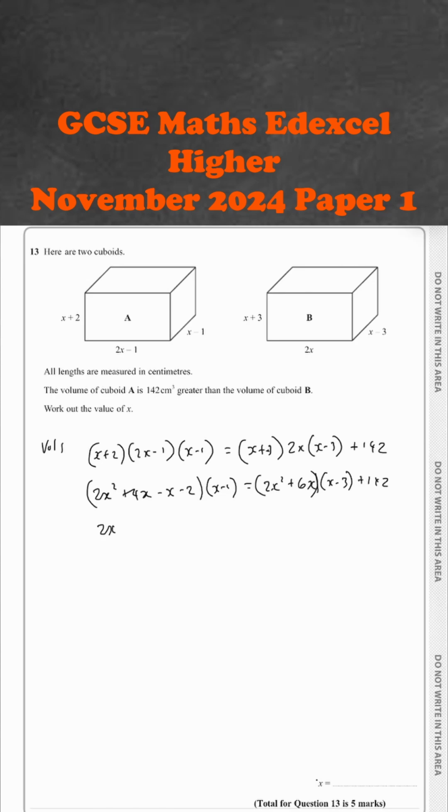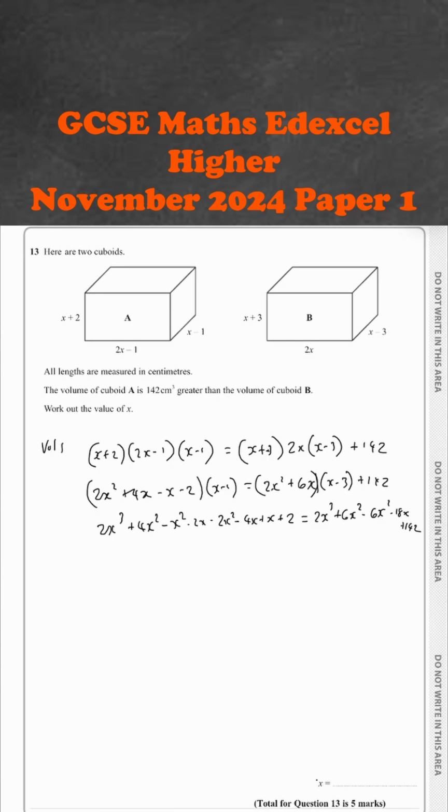Expand this out, we get 2x cubed plus 4x squared minus x squared minus 2x minus 2x squared minus 4x plus x plus 2. And then we get 2x cubed plus 6x squared minus 6x squared minus 18x plus 142.